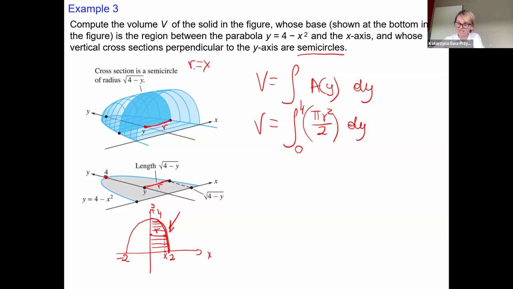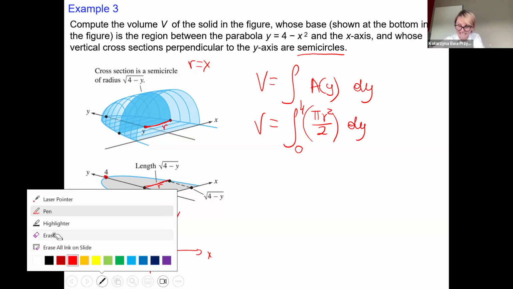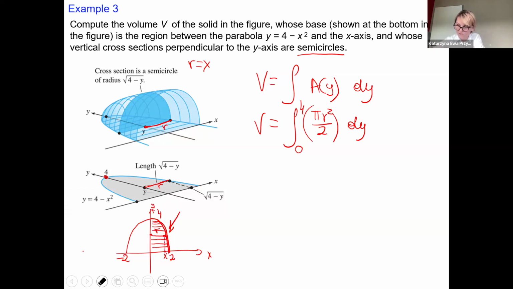Since the radius is x, we need to solve that equation for x. The equation is y equals 4 minus x squared. We just have to solve it for x. That x is the radius when we project, because it's parallel to the x-axis, so it's the same distance as from 0 along the x-axis.